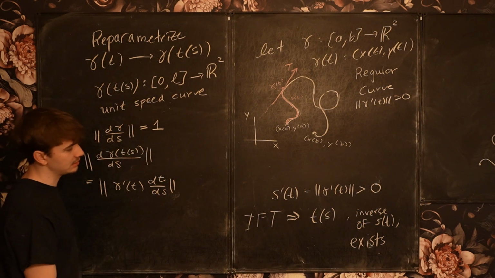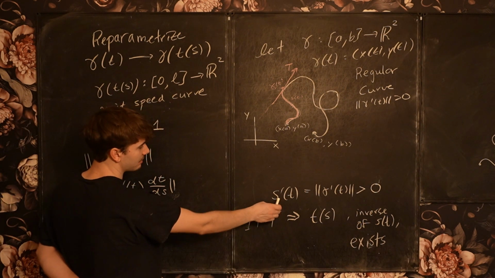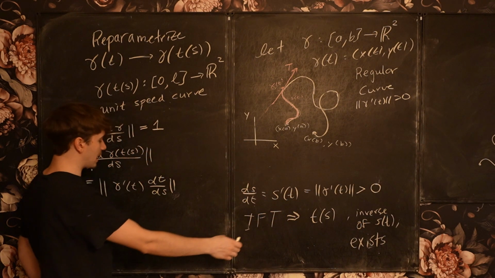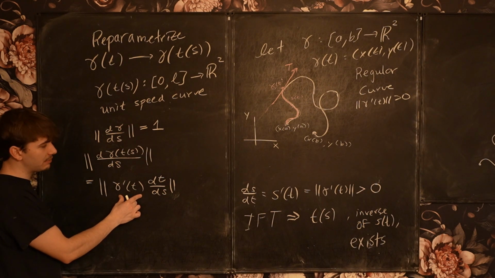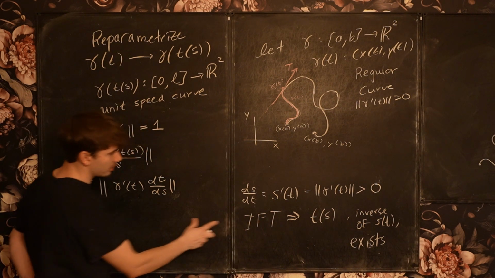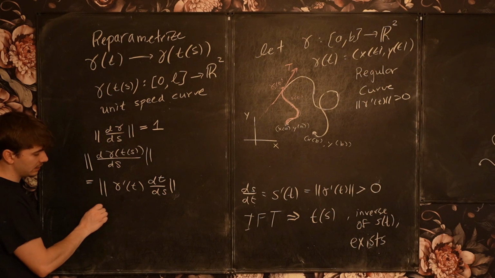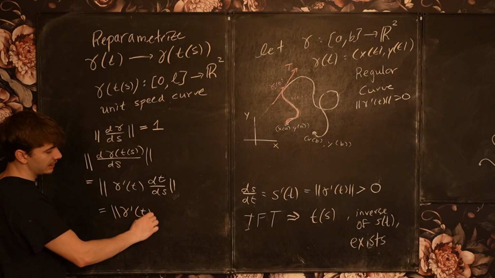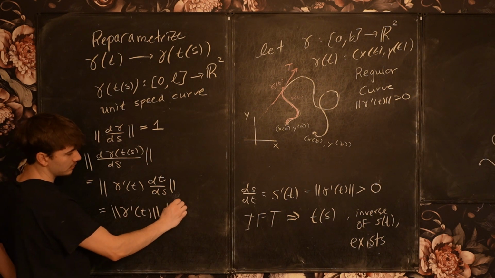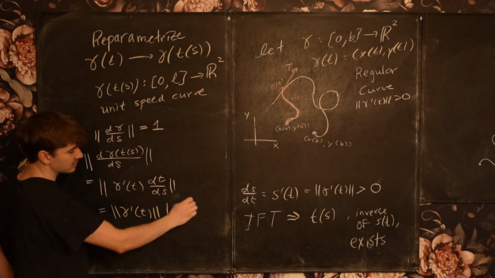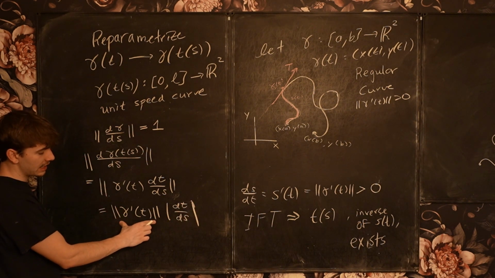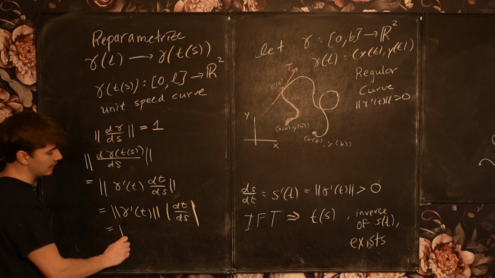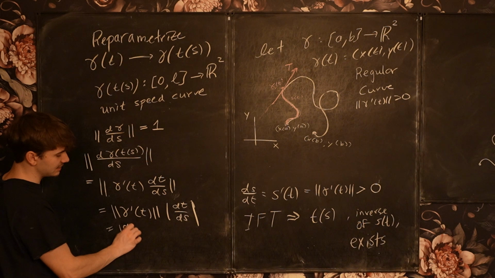We just calculated that s prime of t, which is ds over dt, is equal to the norm of gamma prime of t. So look at that. To be really careful, I can bring the dt over ds outside of the norm here. And now I know that the norm of gamma prime, the speed of gamma, is precisely ds over dt, okay?